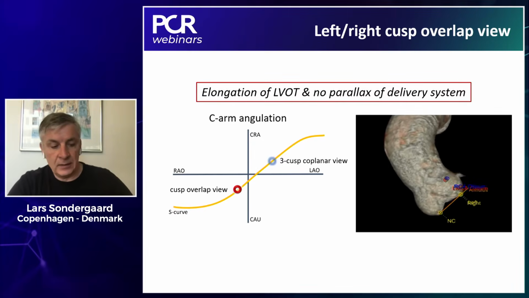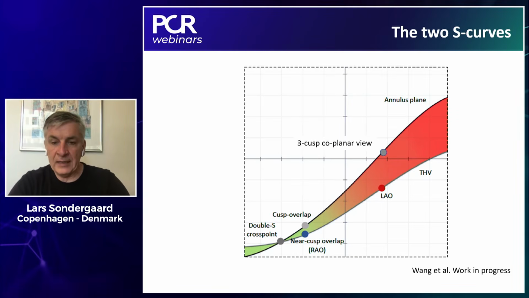And it's also illustrated here. You can see that even though you are not perfectly on the double S-curve crossing point, the cusp overlap view is very close to it. And maybe more important, you see the distance between the two S-curves is much smaller in that C-arm angulation than in a classical or traditional LAO projection where you have a large distance.